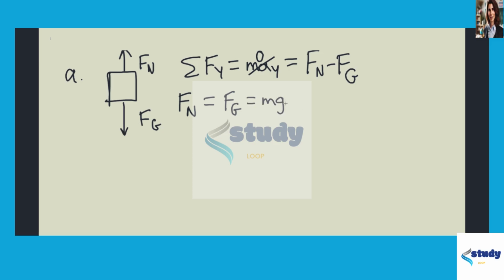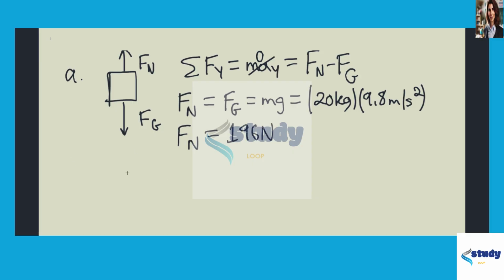Both of the blocks are 10 kilograms each, so we have a total mass of 20 kilograms, times the acceleration due to gravity, 9.8 meters per second squared. And we find that the force normal in part A is going to be 196 newtons.